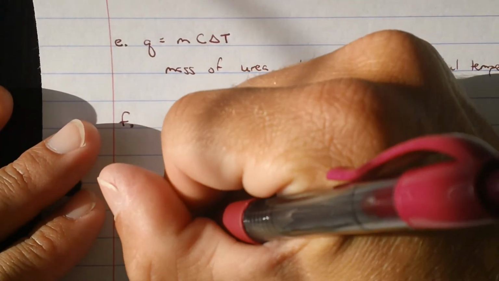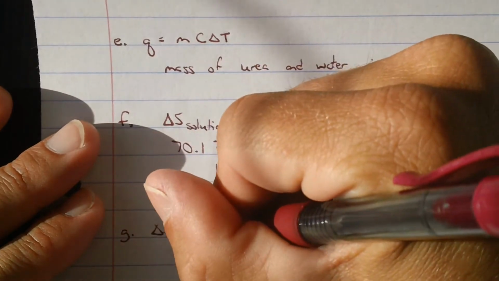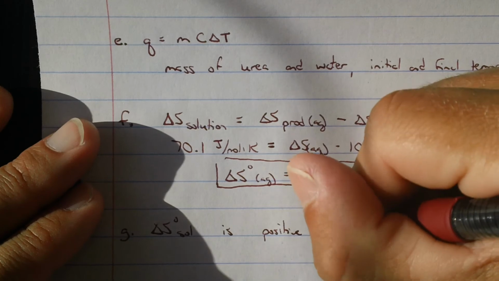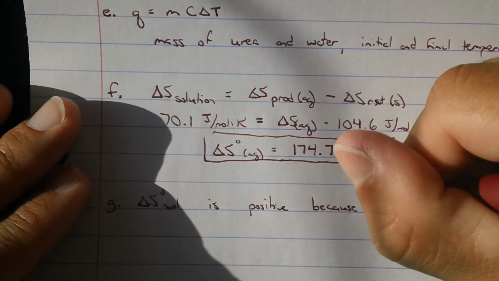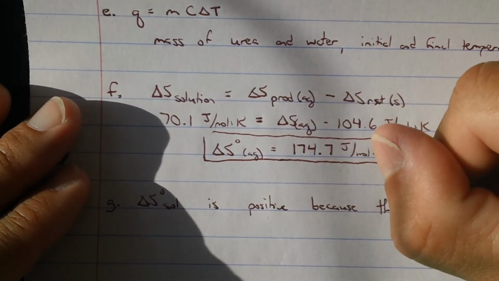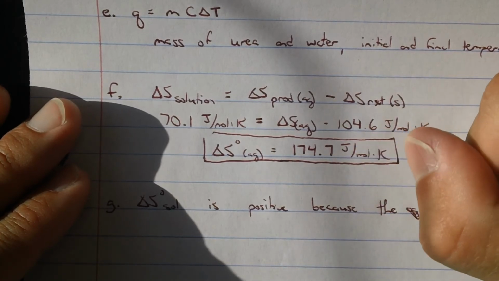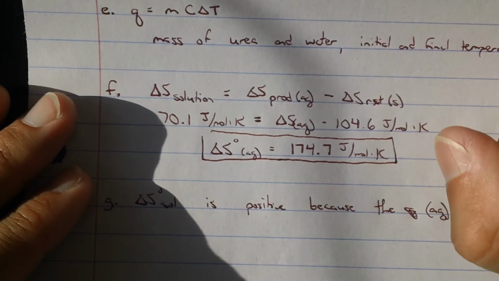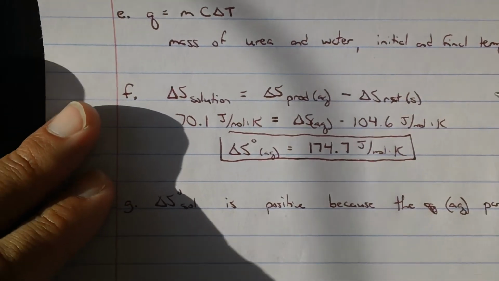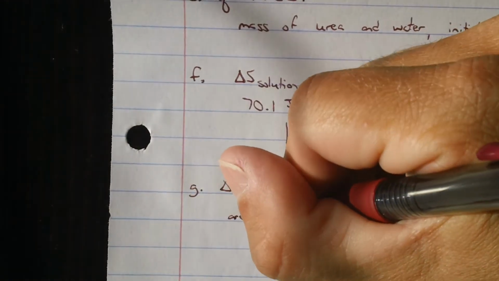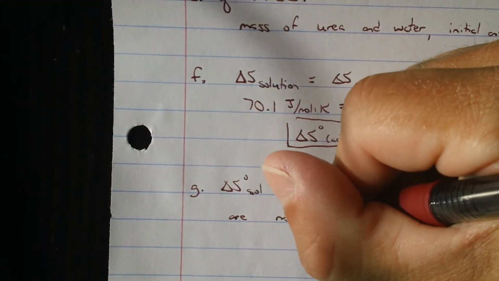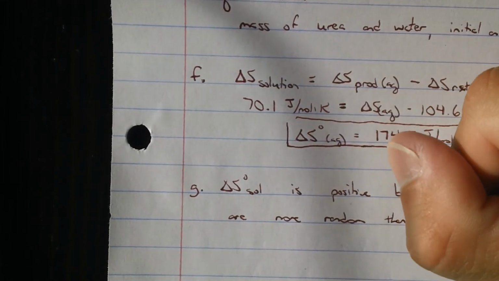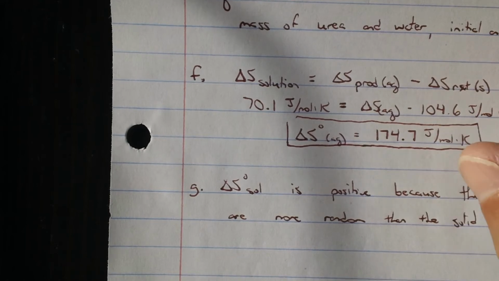Delta S for the solution is positive because the aqueous particles are more random than the solid particles.